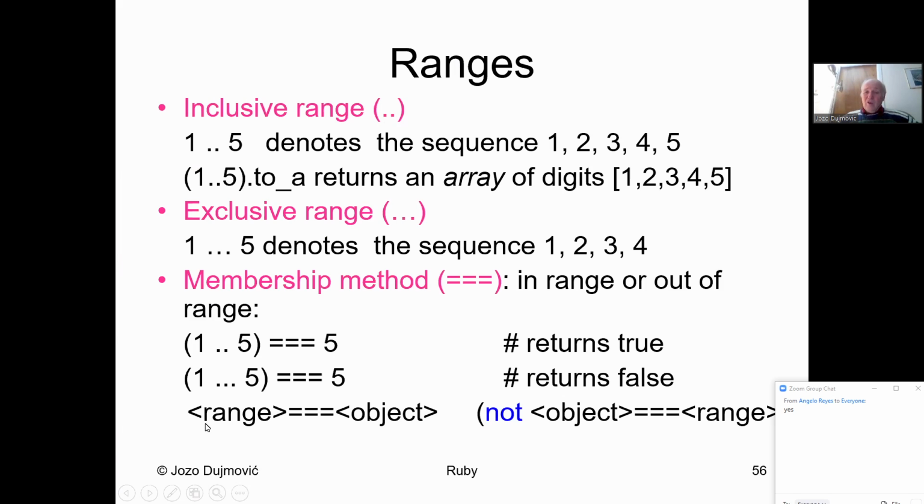So you have to put range and then object, not object then range like in mathematics. So first comes range and then object. You cannot put object equals range. This is not going to work. So range equals range includes object. So you can pronounce this as includes. So range includes object can be true or false.